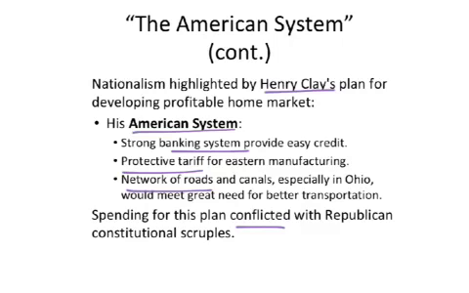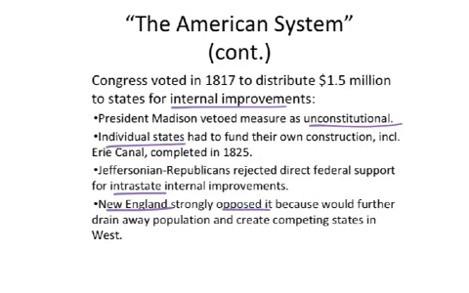Spending for this plan conflicted with Democratic-Republican constitutional scruples. Congress voted in 1817 to distribute $1.5 million to the states for internal improvements. President Madison, though, vetoed this measure as unconstitutional. Individual states had to fund their own construction, including things like the Erie Canal, which was completed in 1825.